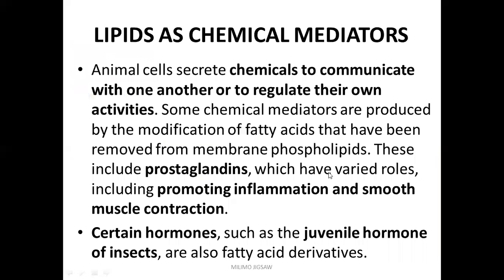Now lipids can also be used as chemical mediators. Animal cells are able to secrete chemicals that communicate with one another, and also regulate their own activities. Some of those chemical mediators are produced through the modification of fatty acids which have been removed from the membrane phospholipids.